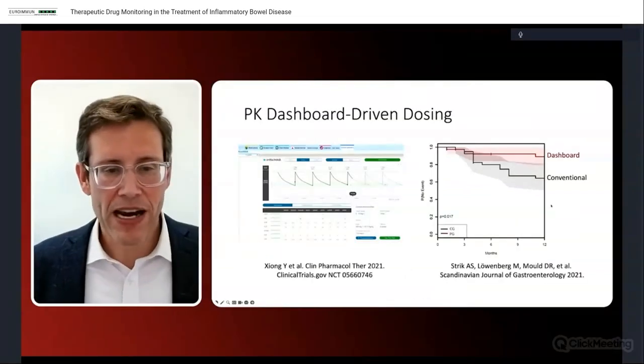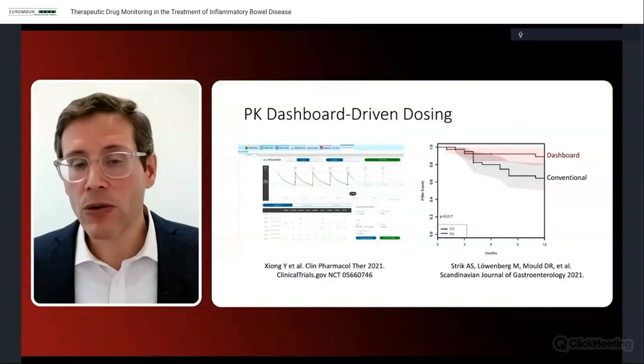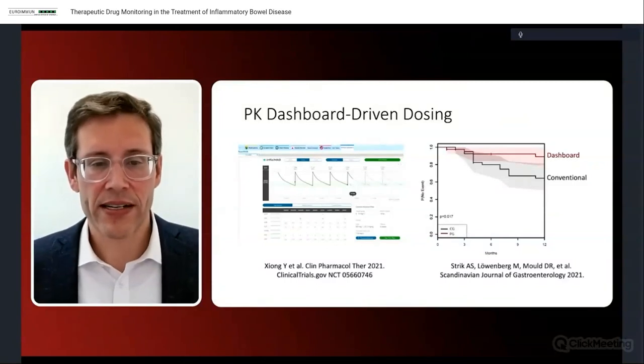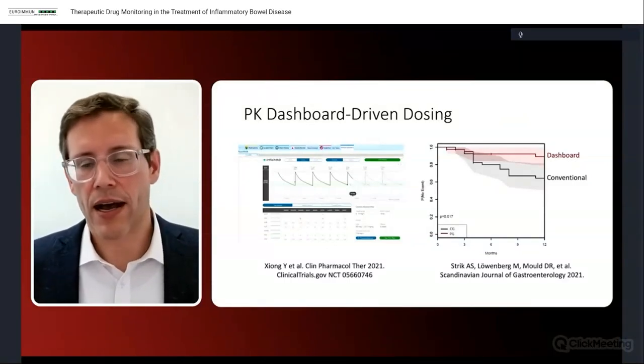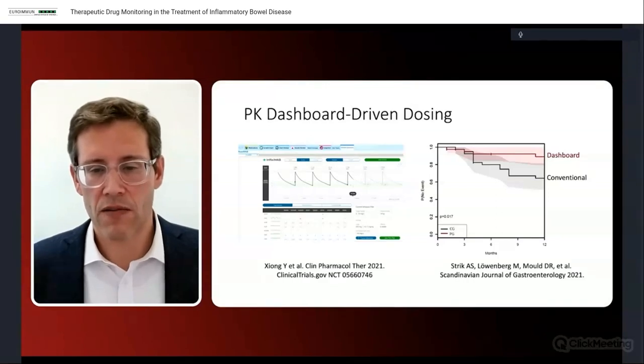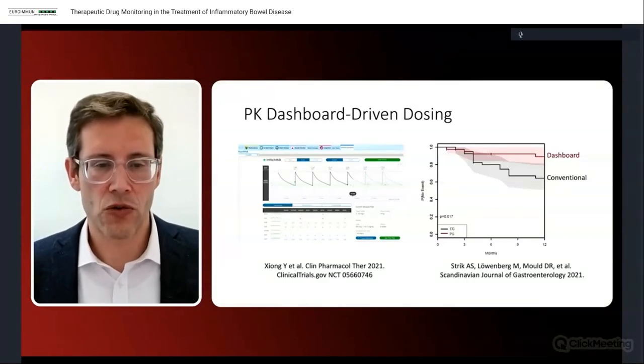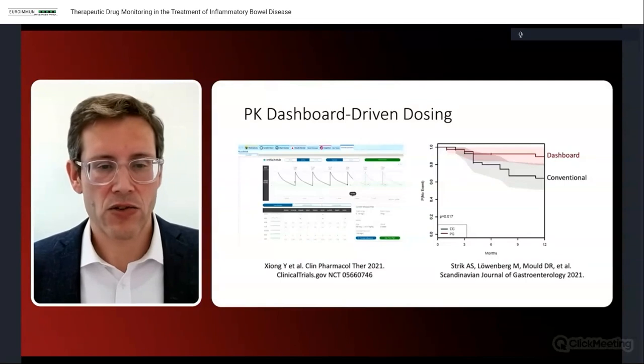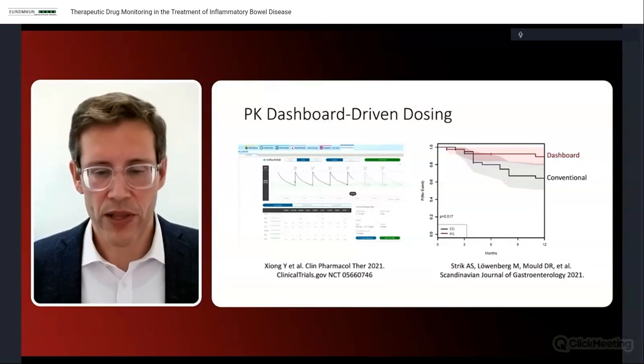So this may be an opportunity for us, even without level information, to predict optimal drug dosing and intervals for our patients to really maximize drug efficacy and durability.